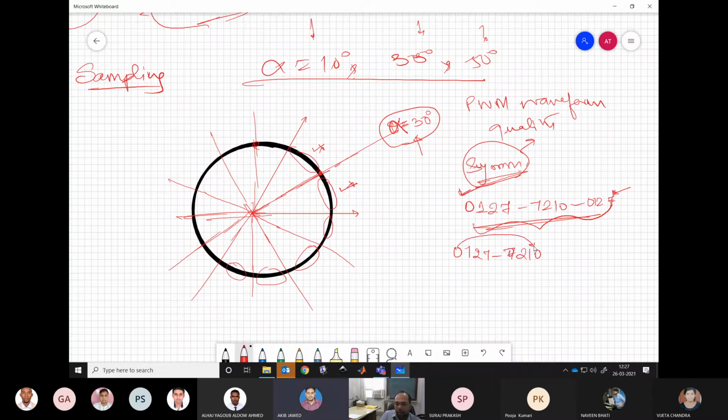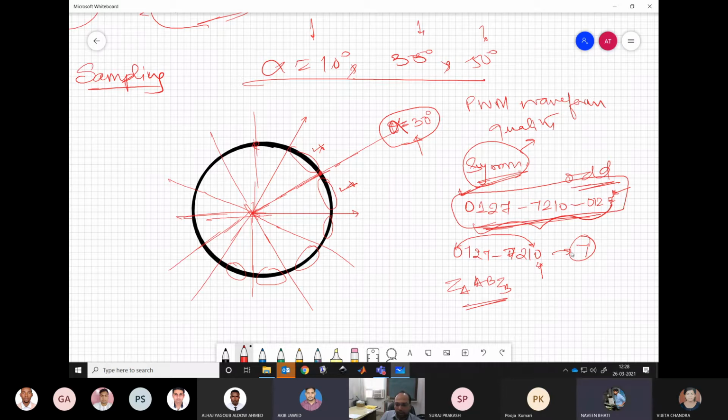This is not good PWM because you are ending with 0 and in the next sector you need to start with the next 0. Then only the things will match. If you go back and recall your ZA, AB and ZB sequence, this number of samples must be odd. Is this clear?